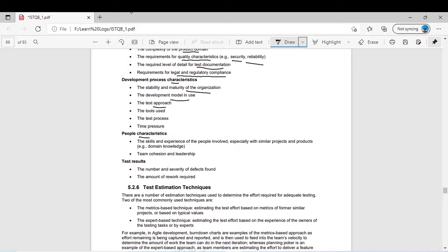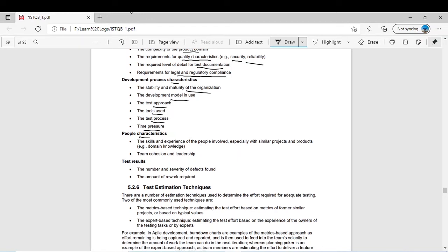The test approach which you have finalized: that's why the test approach and test strategy are very important at the start of planning. If you have a good approach, your testing will be completed in a cost effective and time effective manner. The tools used also affect the test effort, as do the test process you are using and even time pressure.